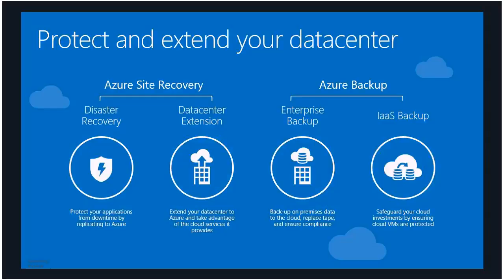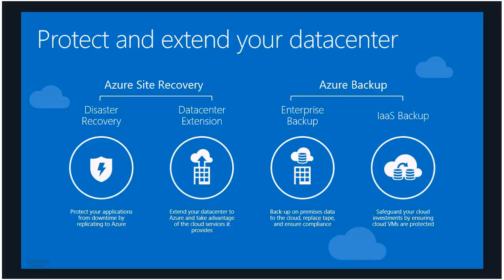So with the Azure Recovery Services solution, we can leverage it to protect and extend our data center. Starting on the left, Azure Site Recovery, that first piece, ASR for short. We can use that to protect our business critical applications, but we can also use that tool as a migration platform.